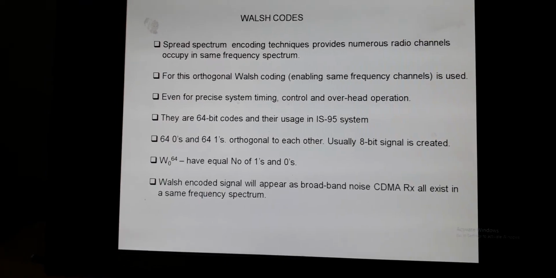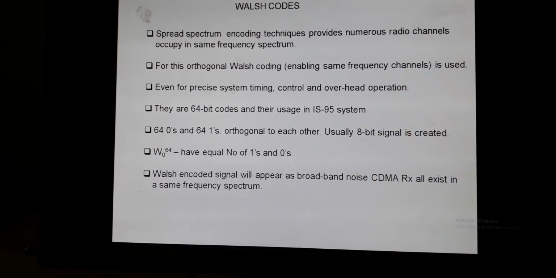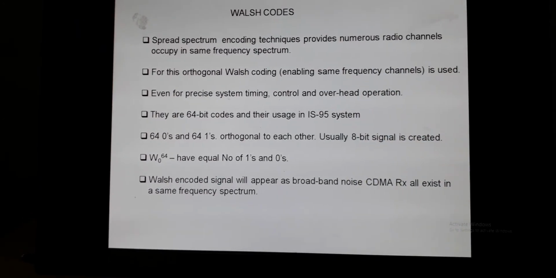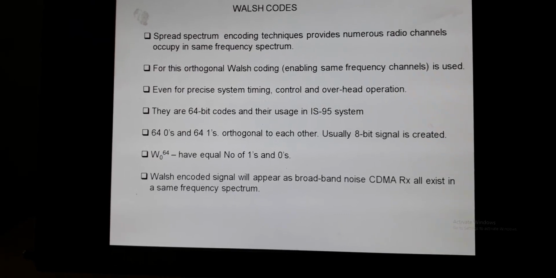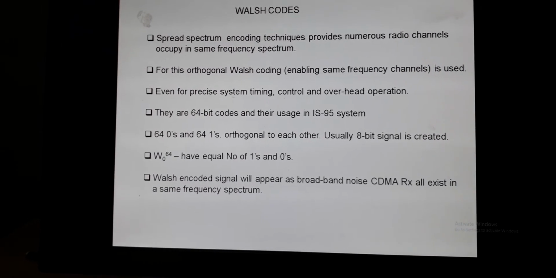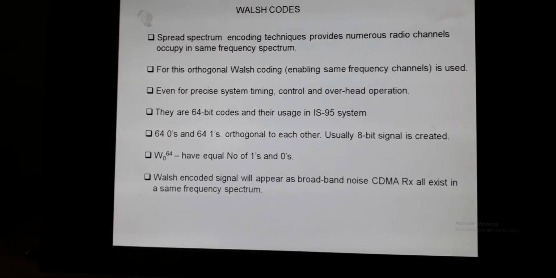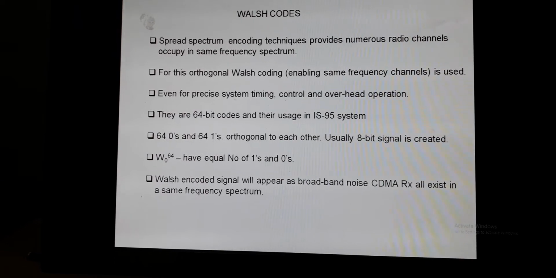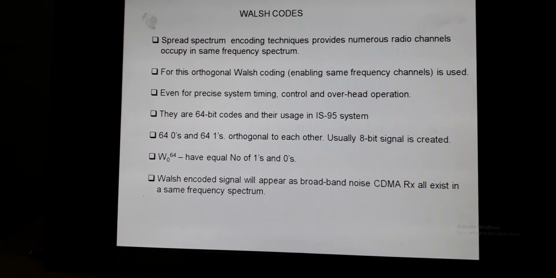The main part of CDMA is the spread spectrum technique. In the spread spectrum technique, they use Walsh codes. Walsh codes are orthogonal to each other. Every code is orthogonal to each other. This is used for all the operations: timing operation, control operation, logical operations. Walsh codes are 64-bit codes.